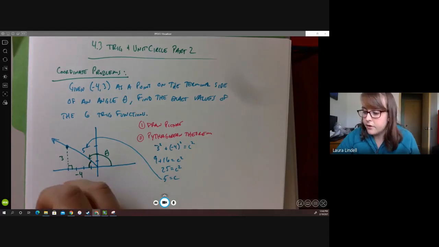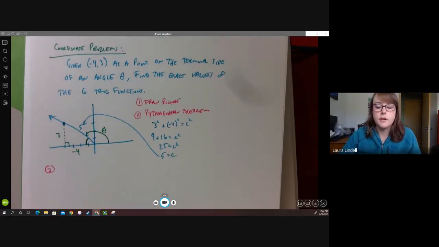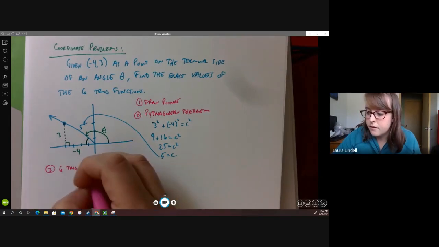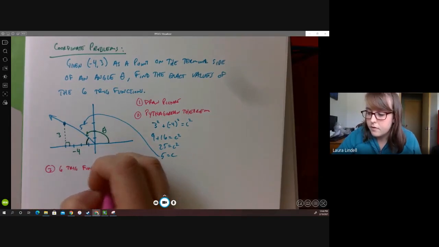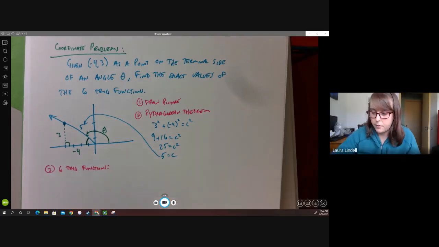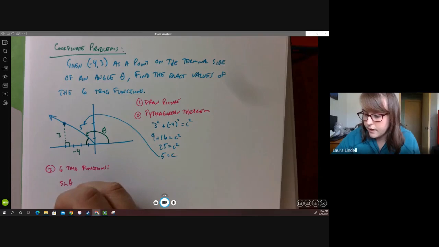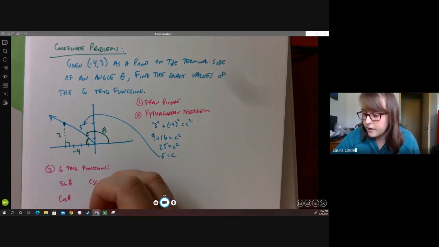So then our third step here, six trig functions. So we need sine, cosine, tangent, cosecant, secant, cotangent.